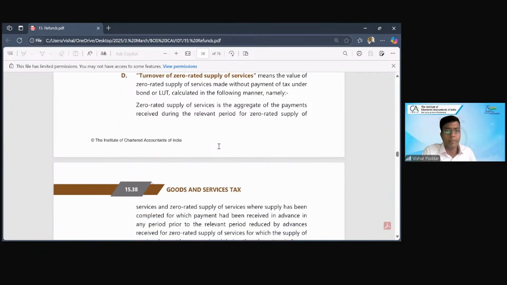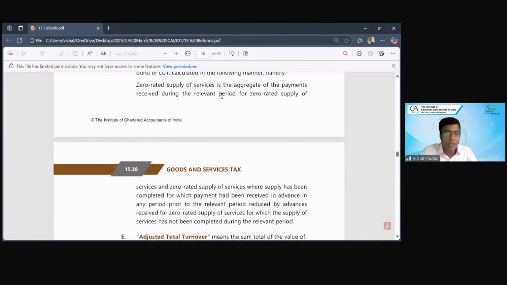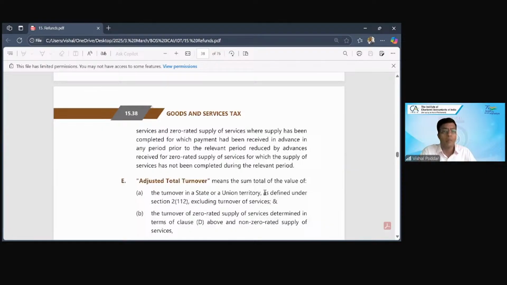First, it says zero rated supply of service is the aggregate of the payment received during the relevant period for zero rated supply of service, and zero rated supply of service where supply has been completed, for which payment has been received in advance in any period prior to the relevant period, reduced by the advances received for zero rated supply of service for which supply has not been completed.